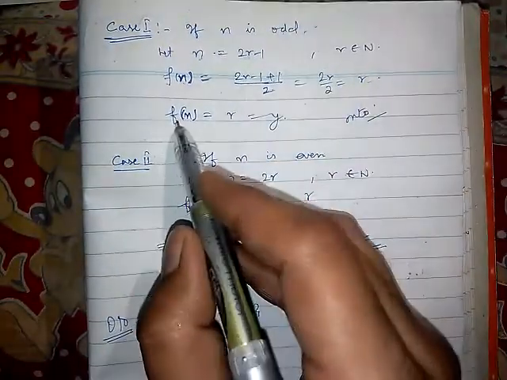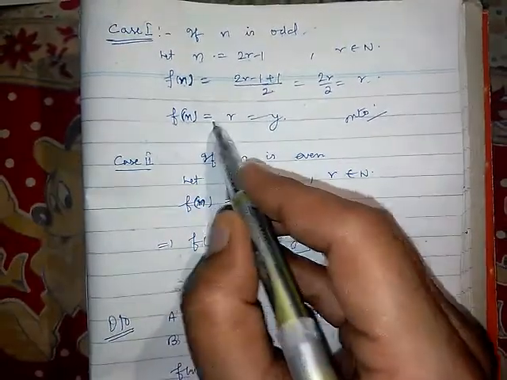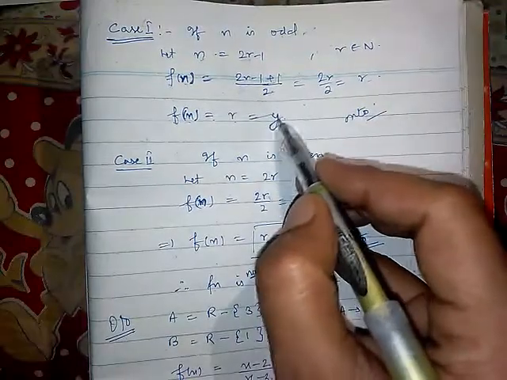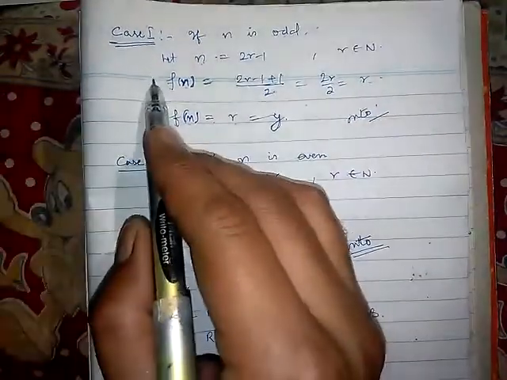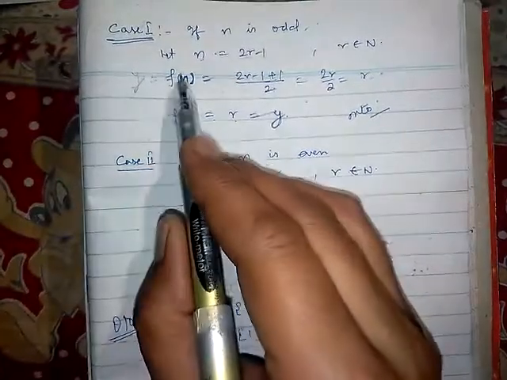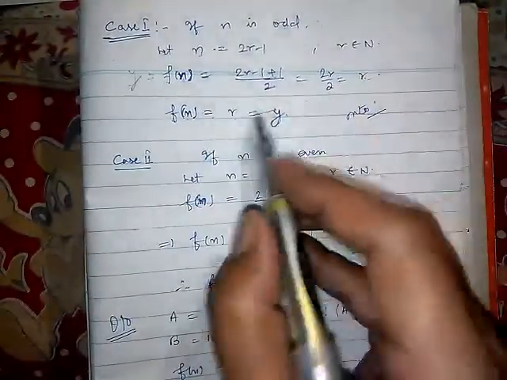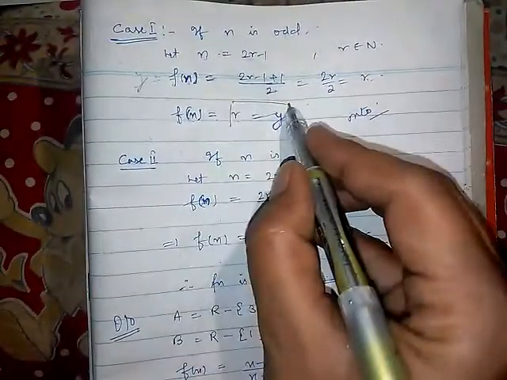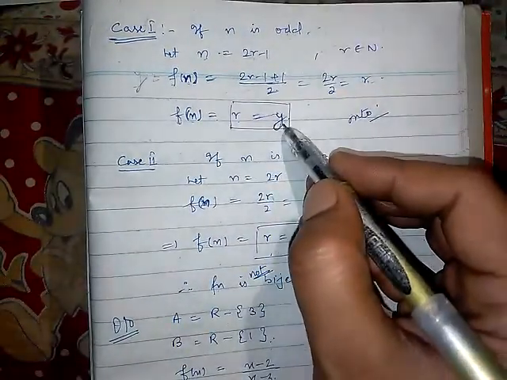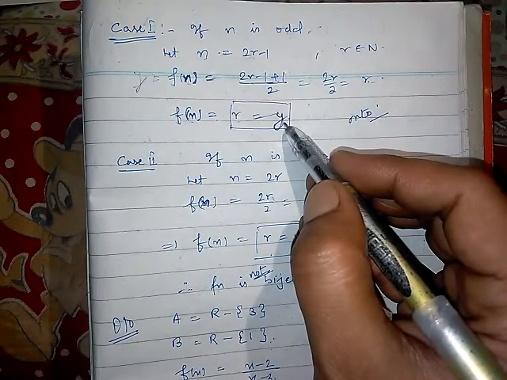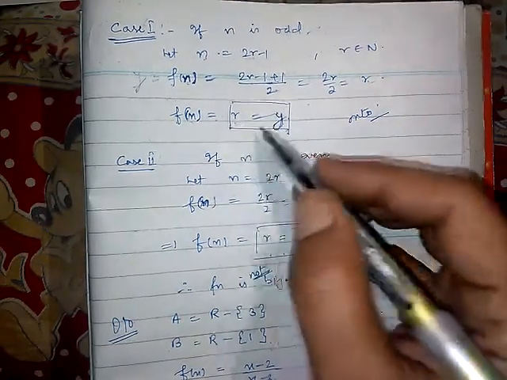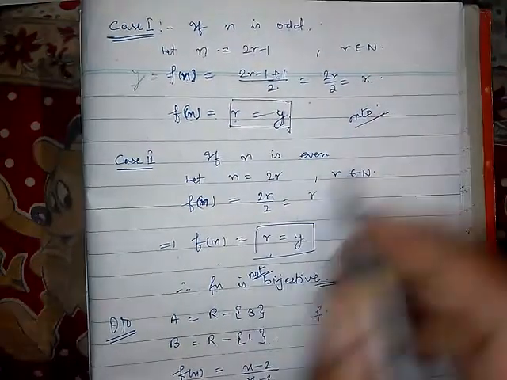So f of n is equal to r, and that is equal to what? y, because for onto we have to take it as equal to y, and y is equal to f of n, and further f of n is equal to r, it implies y is equal to r. So for every natural number y there will be a natural number r. Clear? So this will be onto function.